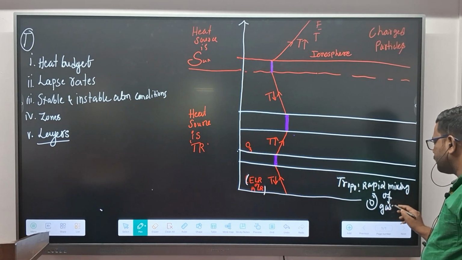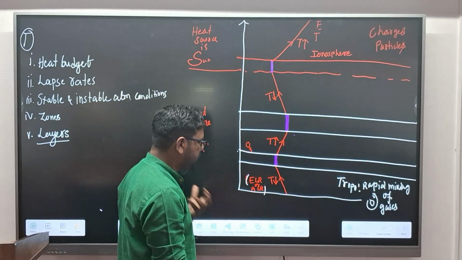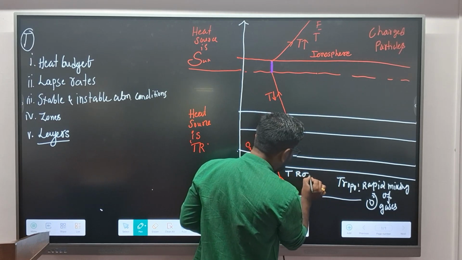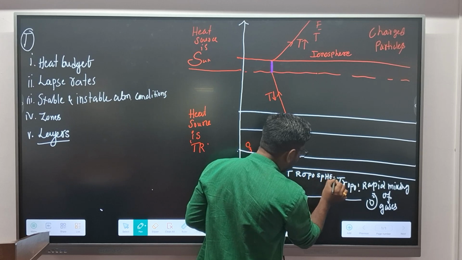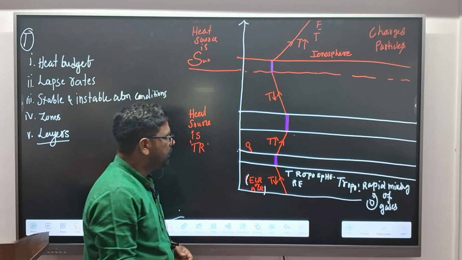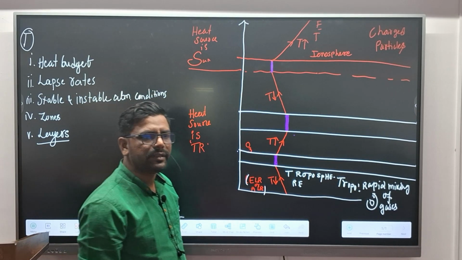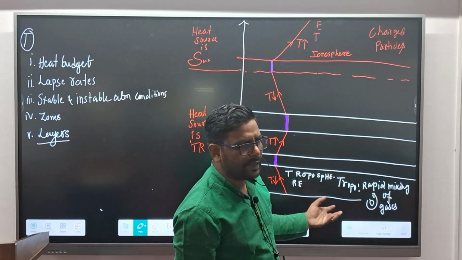Gases. That's why this sphere is called the troposphere. Because the rapid mixing of the gas molecules actually takes place here.